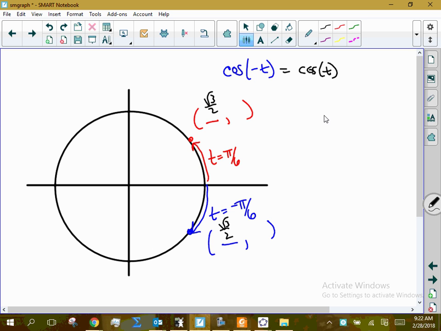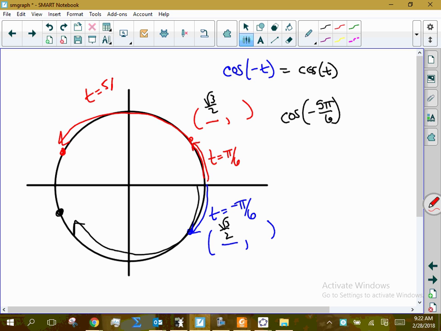So why not just find the cosine of the positive angle? Does that make sense to everybody? So if they ask you what is the cosine of negative 5 pi over 6, well, that would be this point here, going that direction, 5 pi over 6 units. It might be a little easier for us to move in the direction of 5 pi over 6.